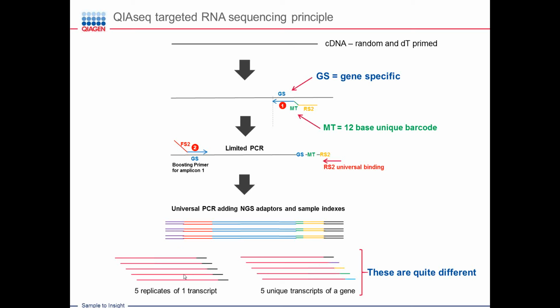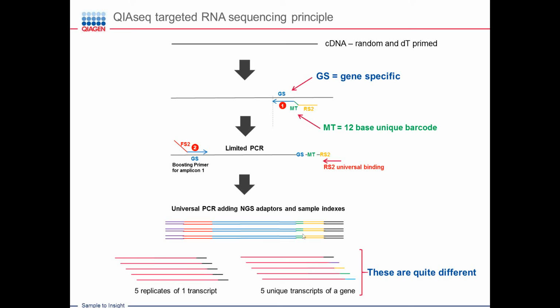So if you think about what you get at the end, if you've got 5 copies of a PCR product with or without molecular barcodes, if you don't have barcodes and you read 5 copies, you know you have 5 copies of a transcript, and that would be what you'd see here on the left, 5 replicates. But if you do have the random molecular barcodes in there, what you'd have is what you have here on the right.